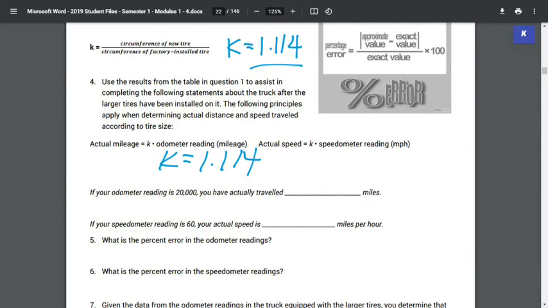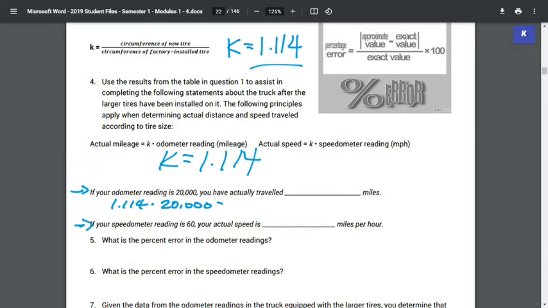So what it wants us to do in these questions here, if your odometer is saying 20,000 miles, it wants to know how many you've actually traveled. So if you look at the actual mileage, you're going to take our K, which is 1.114, and multiply it by the reading. So we're going to take our 1.114, multiply that times 20,000.